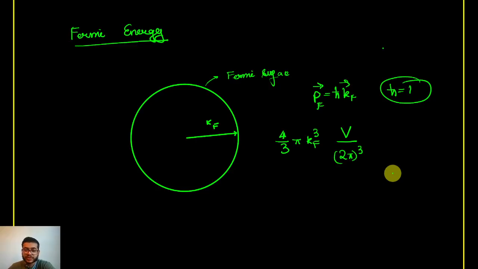So these many k points are in this sphere, and at each k point two electrons can be there, plus spin and minus spin, up spin and down spin. So the total number of electrons will be V kf cube by 3 pi square.